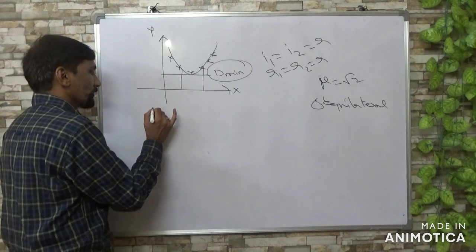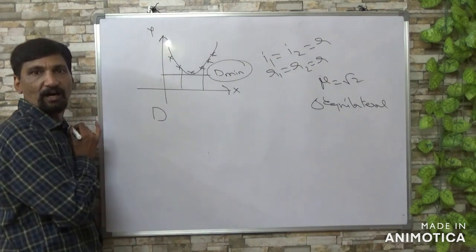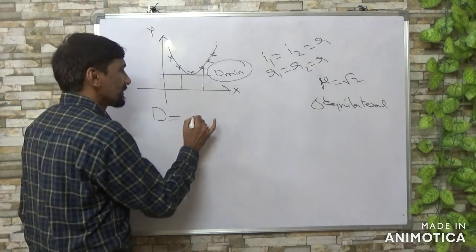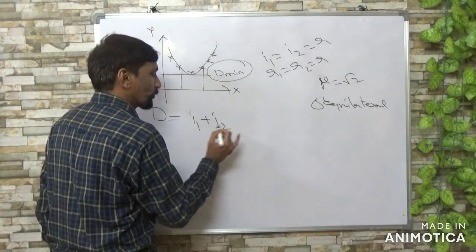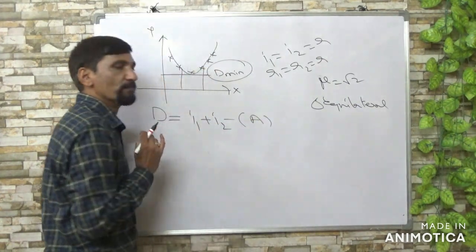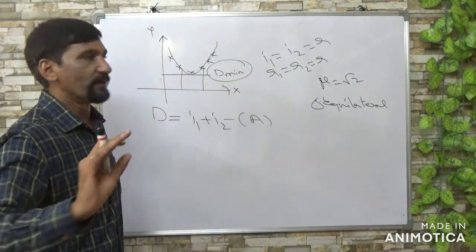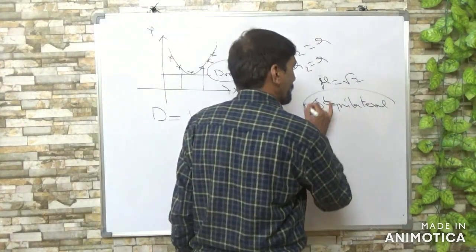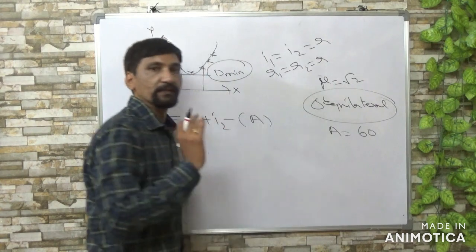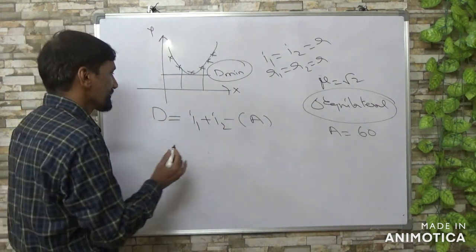So you know you are using same formula. Deviation is equal to I1 plus I2 minus of angle of prism. Over here you have given it is an equilateral prism. So you already know equilateral prism A taken as 60, right?